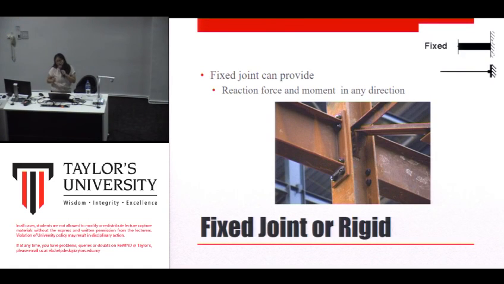That's how you differentiate pin joint and fixed joint. Fixed joint doesn't allow movement. It doesn't allow rotation, which means this support can actually take moment. The earlier two cannot take moment because they allow rotation. Fixed joint doesn't allow rotation, that's why it takes moment.